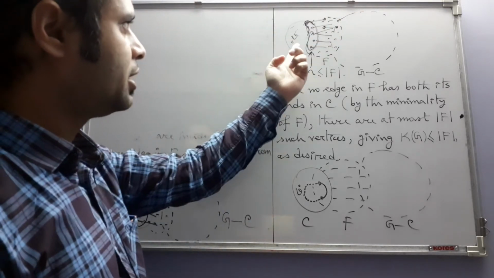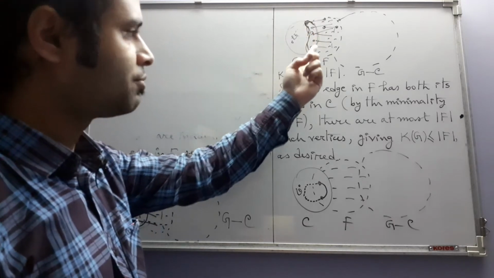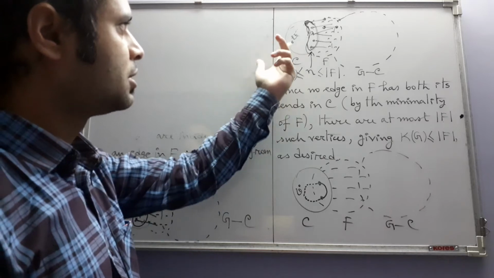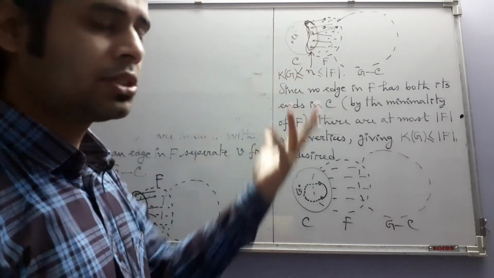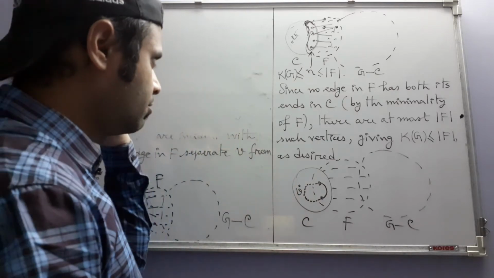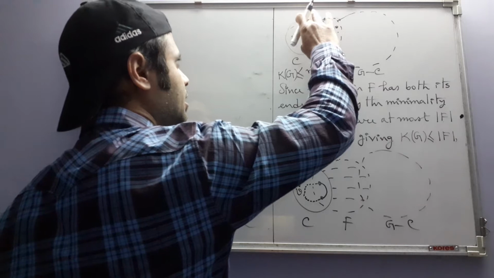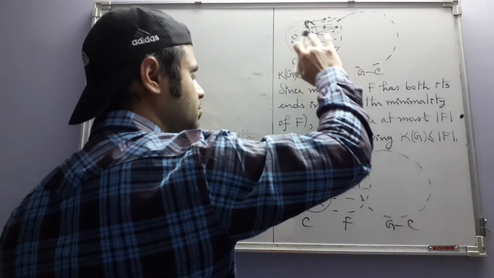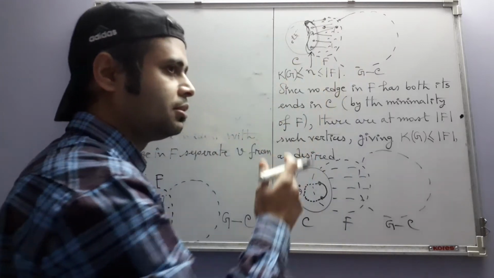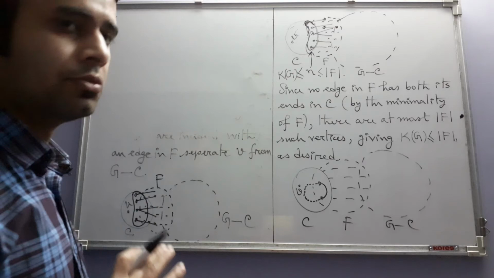Because if there is no way of saying that V is not one of these vertices, then who knows, maybe V also is one of these vertices. So if you remove these vertices, and if things are so bad that every vertex in C turns out to be incident with some edge in F, then all of them will be removed.